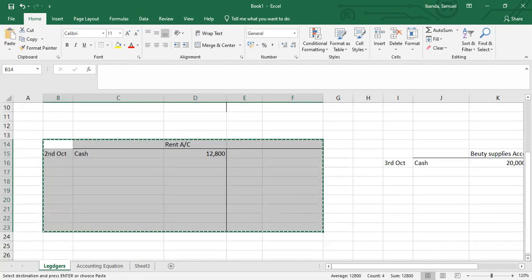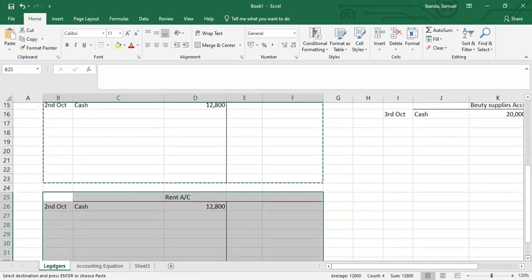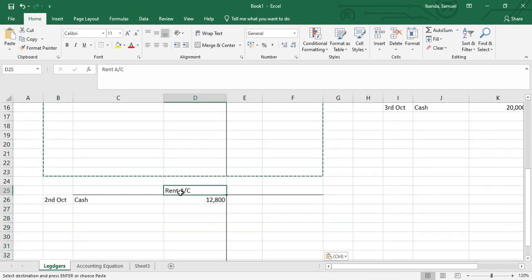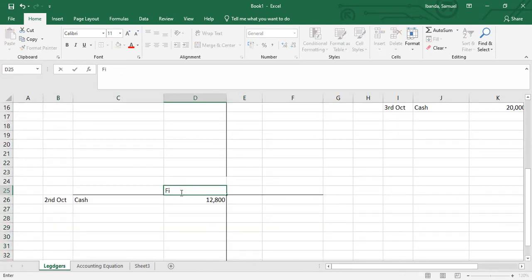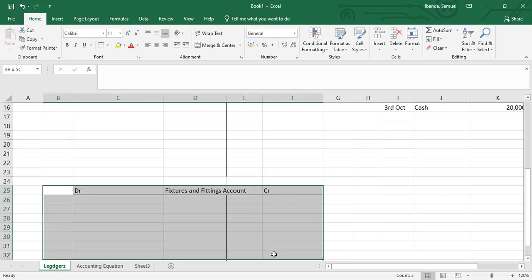When you're doing this, make sure you leave enough space because you might have other transactions that affect that account. So this could be fixtures and fittings. Debit, credit. These are some of the things you should remember, especially in the late hours when you're reviewing your questions to make sure that you're not leaving out anything.